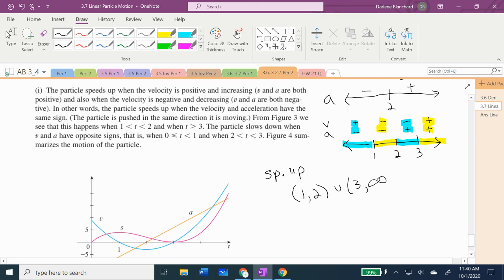Now, I am not going to worry about the endpoint issues as to whether I include them or not, because there are issues in math about the endpoints and increasing and decreasing. And I'm going to talk about that later. If you are doing an application problem, and this is an application problem, you should bring logic in.